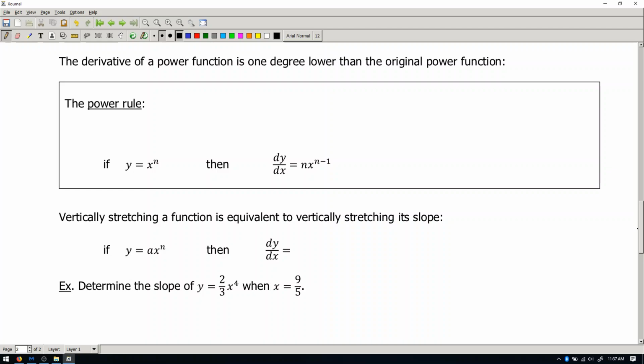And the way we did that was we set h to 0, right? So h is the horizontal distance between any 2 points on a plot, on a function. And so if you make h approach a really small value, what happens is the 2 points become a tangent.